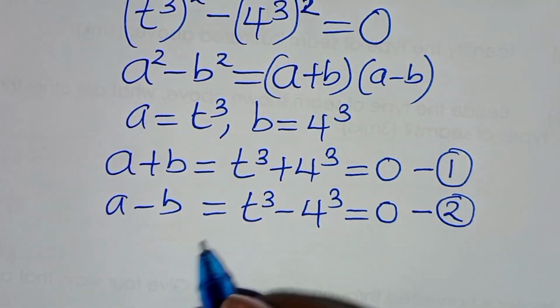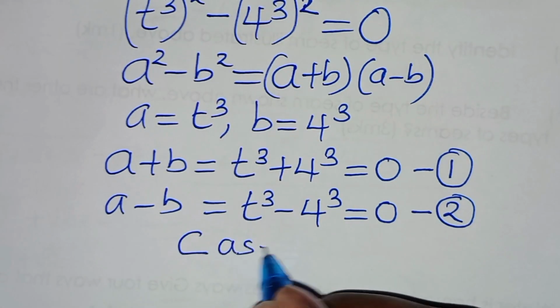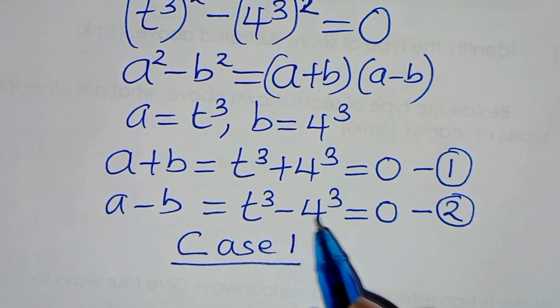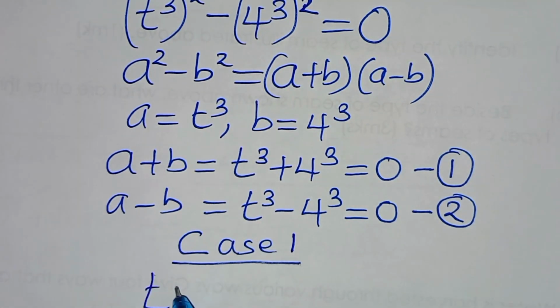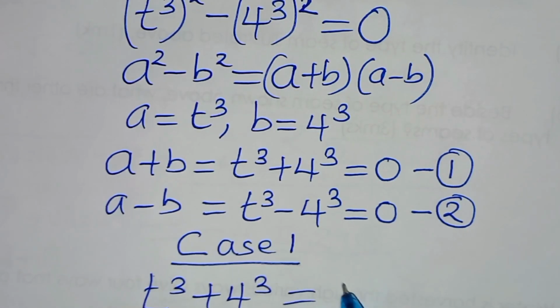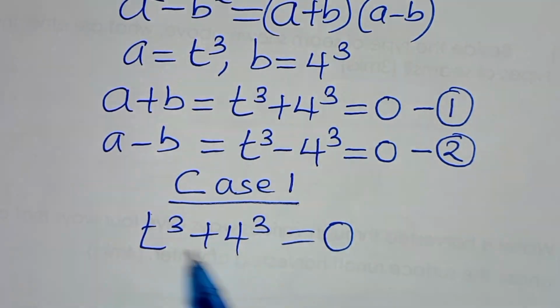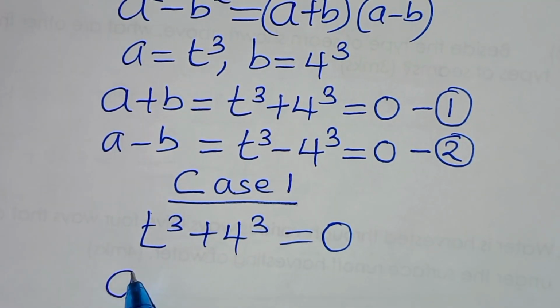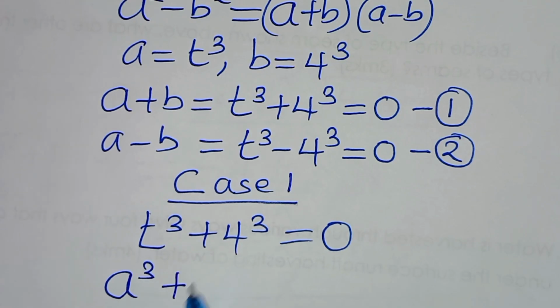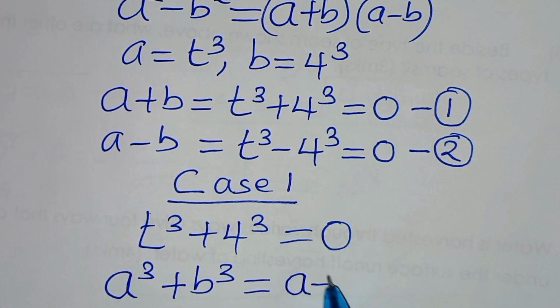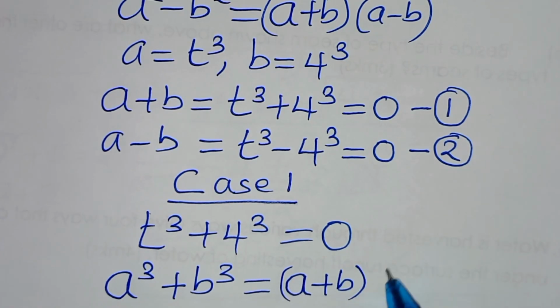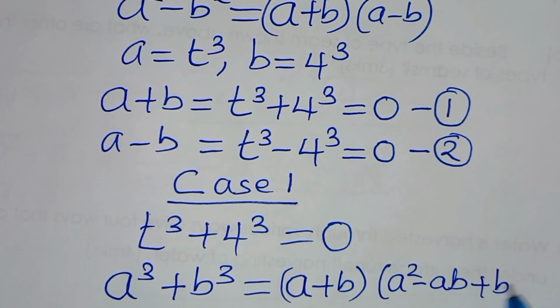From equation 1, let me call this one case 1. From case 1 here, we have t to the power 3 plus 4 to the power 3 equal to 0. Now, this equation is the sum of two cubes, expressed as a to the power 3 plus b to the power 3, which we can express as (a plus b)(a squared minus ab plus b squared).